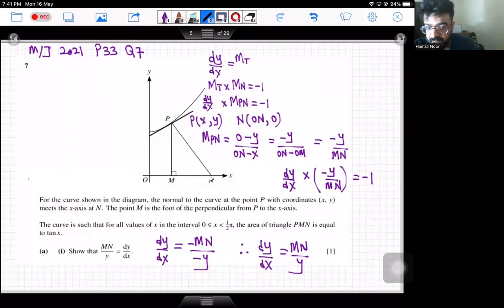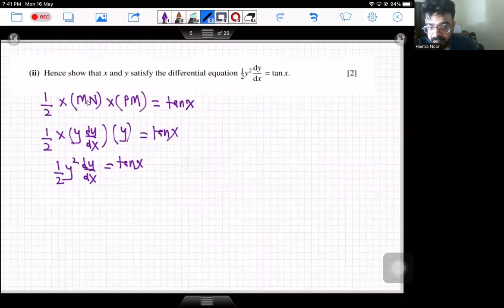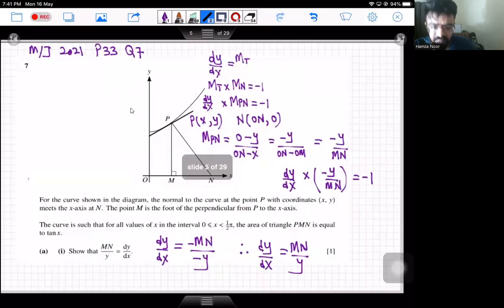So half multiplied by MN multiplied by this line PM, or MP, will be equal to 10x. In place of PM, I can write y, because the length of this line PM, the height of this triangle, is the y coordinate, since P has the coordinates x, y.